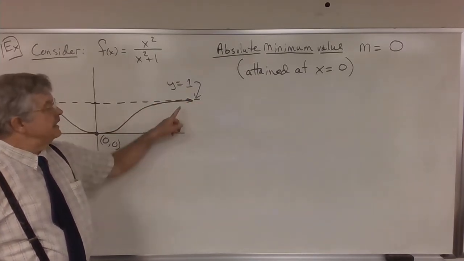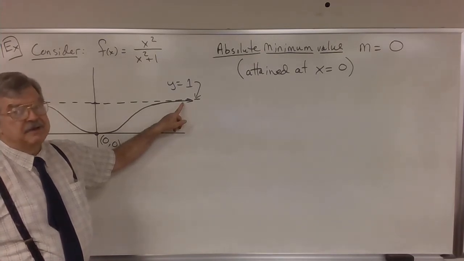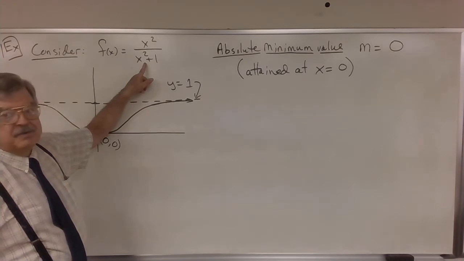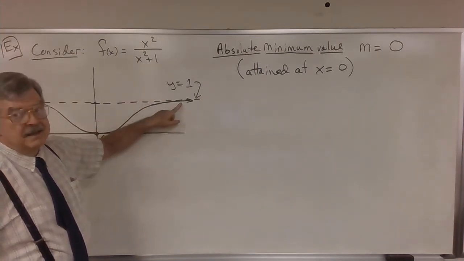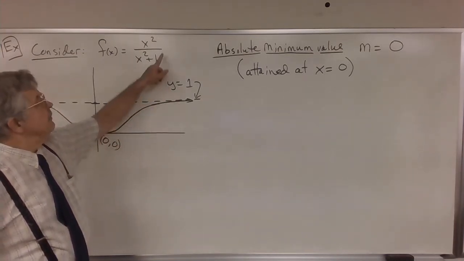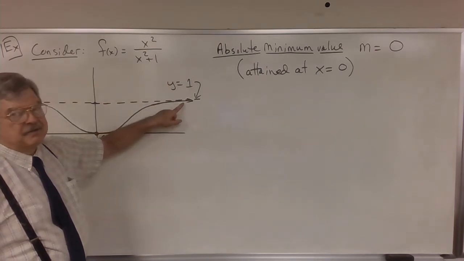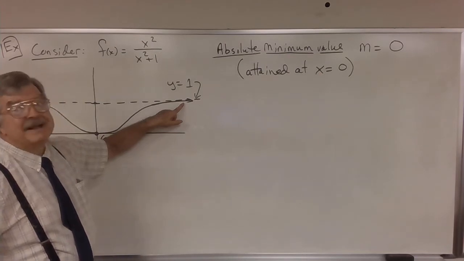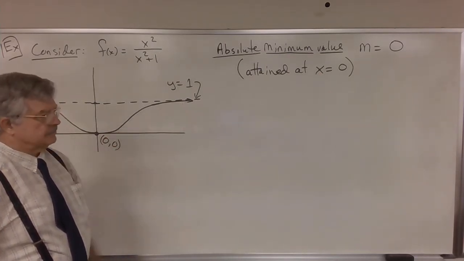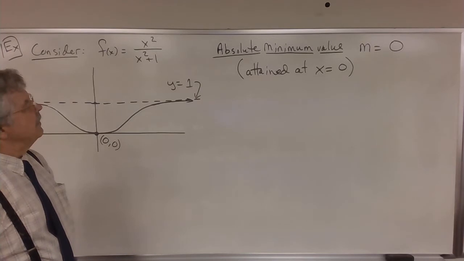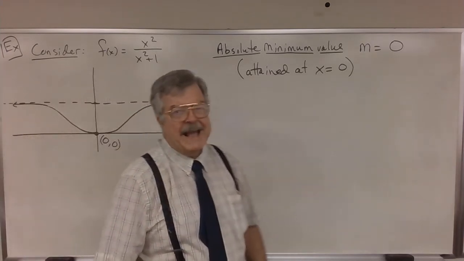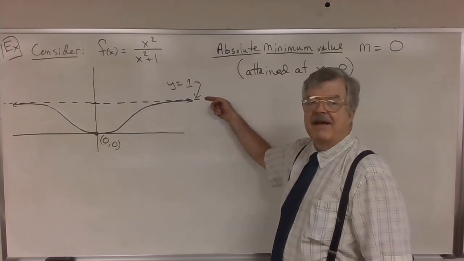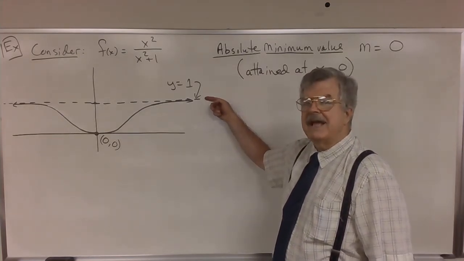But son of a gun, it gets arbitrarily close, doesn't it? The limit of this thing as x goes to infinity is 1. This function gets closer and closer and closer to 1, arbitrarily close to 1, but it never gets there. So is there a real number, capital M, such that f of x is less than or equal to capital M?